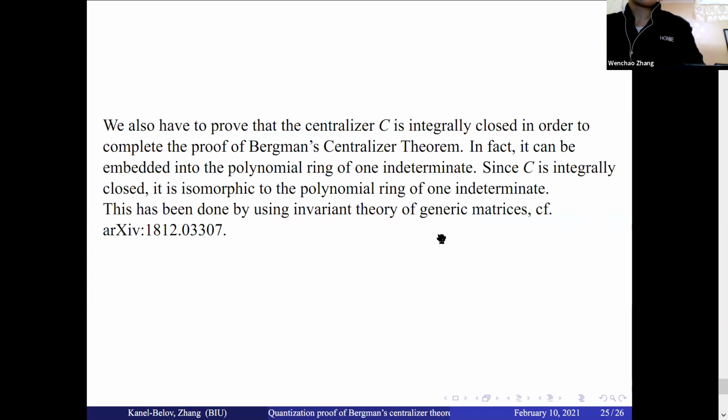But actually it's not enough, since we must prove that the centralizer is also integrally closed in order to complete the proof. In fact, we already showed that it can be embedded into the polynomial ring of one indeterminate. So if C is also integrally closed, then it can be shown that it's isomorphic to the polynomial ring of one indeterminate. This is by the Lewis theory.